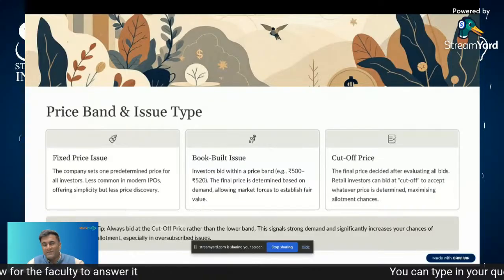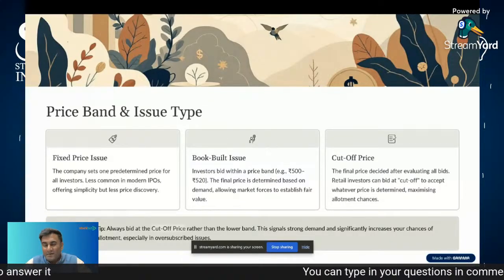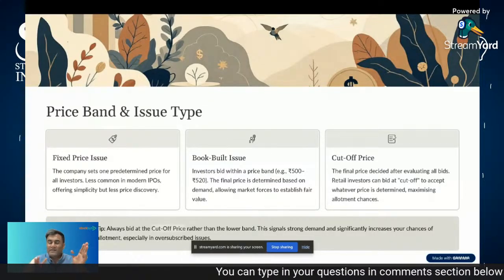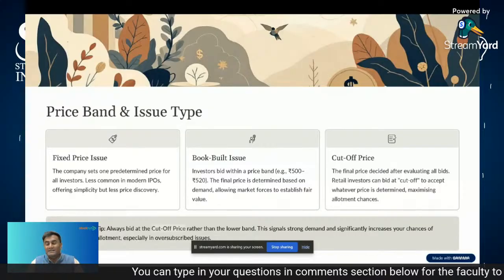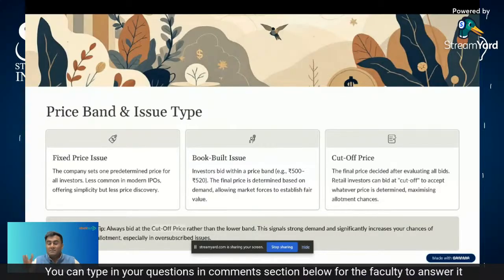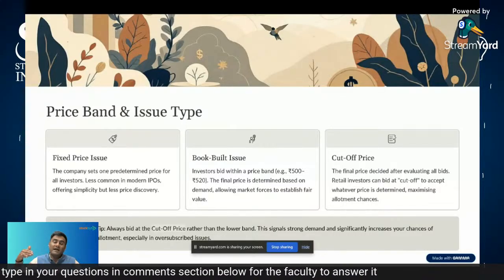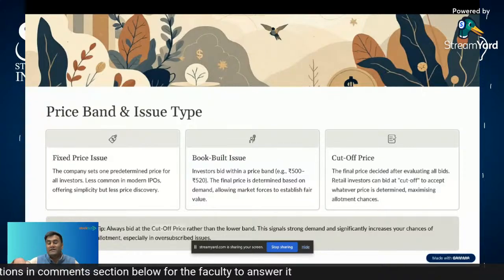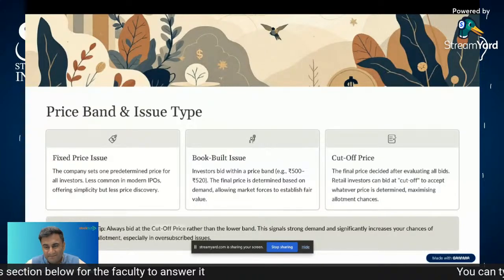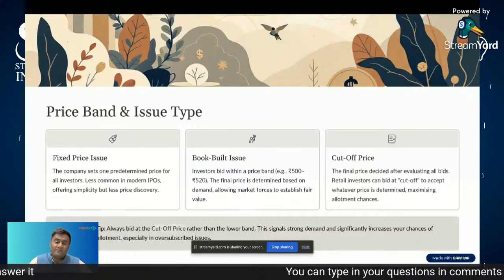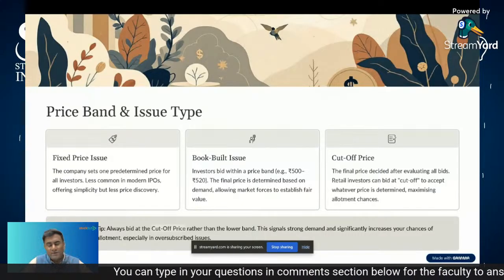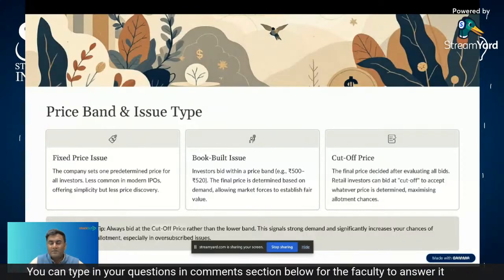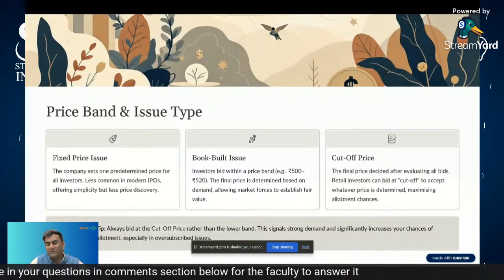If the company's IPO application price is between 500 to 520, that's the range. Generally people apply at the higher band, so they'll apply at 520. If the demand is high, then that issue is going to be finally approved at 520.